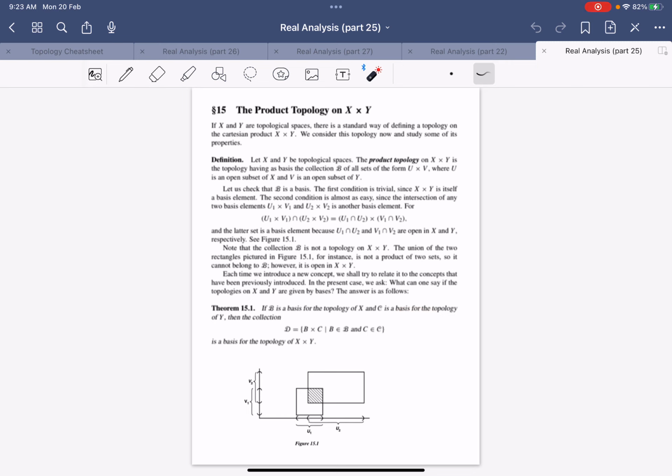And the product topology is the topology whose basis will be the collection of all sets of the form U cross V, where U is open in X and V is open in Y. And again, I'll leave it to you to verify that this is a basis.